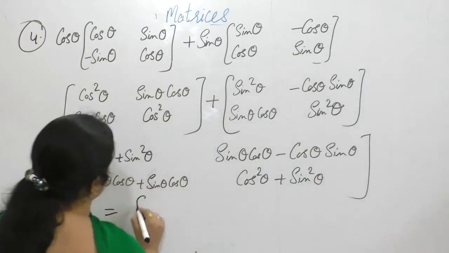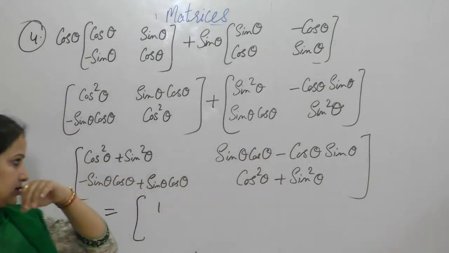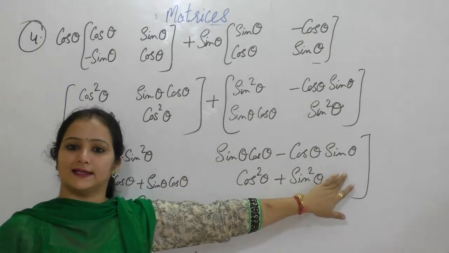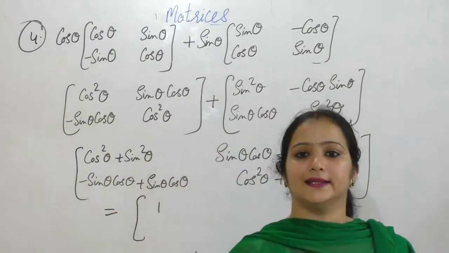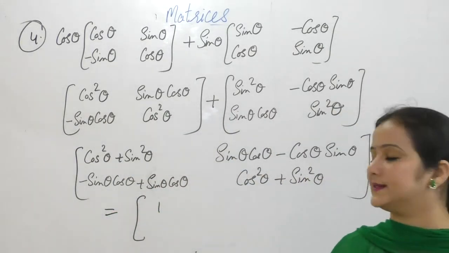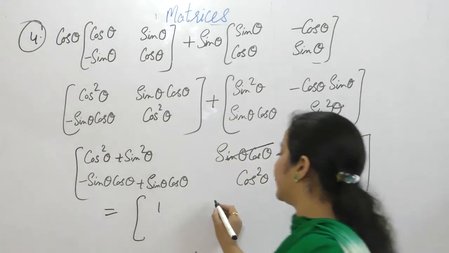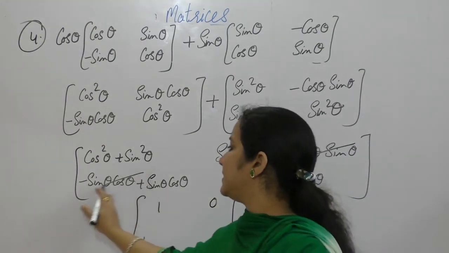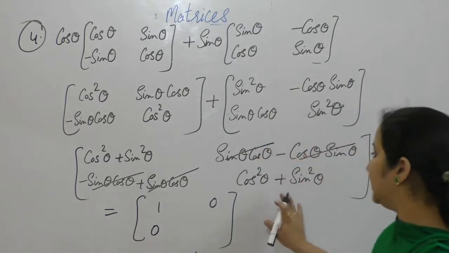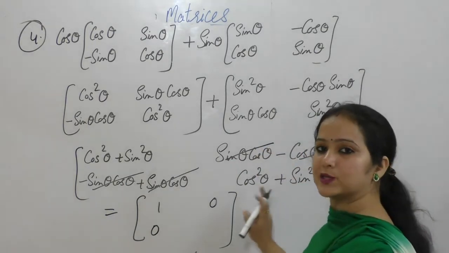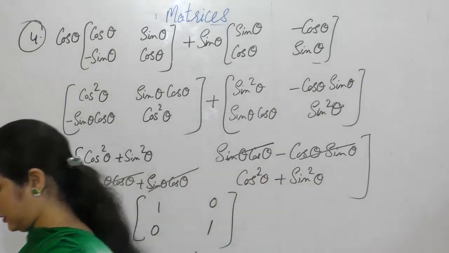So that is equal to 1. Sin theta cos theta, sorry, minus cos theta sin theta. It is multiplication, so either we write sin theta cos theta or cos theta sin theta, it is one and the same thing. So it will get cancelled. Here we get 0. Minus sin theta cos theta plus sin theta cos theta, again 0. Again use the identity here: sin square theta plus cos square theta is equal to 1.